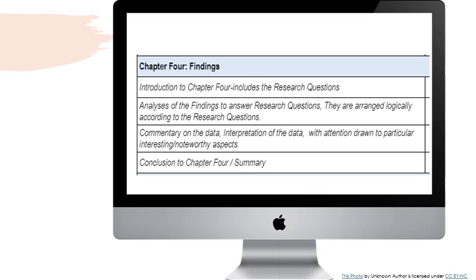The third one is commentary of the data, interpretation of the data, with attention drawn to particular interesting or noteworthy aspects. And the last one is the conclusion to chapter 4 or summary. Right, don't forget that the summary is compulsory. This is the info that you will bring to chapter 5.